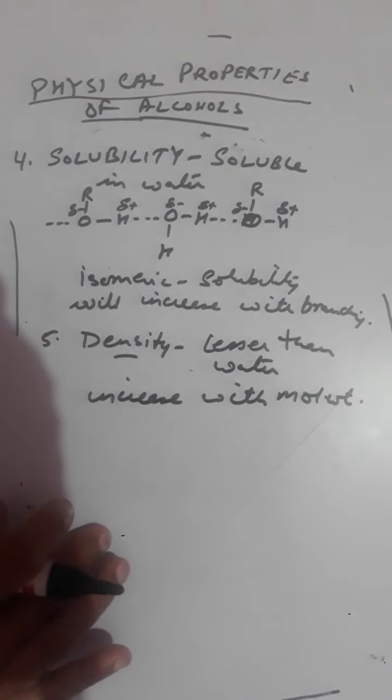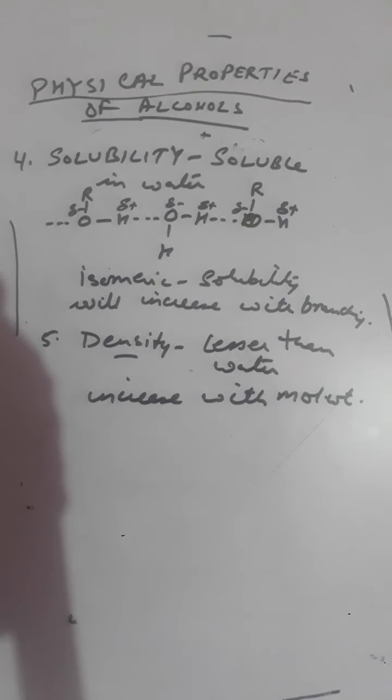Now we have discussed the physical properties of alcohols, in which we have discussed that alcohols have the polar nature and they have the bent structure, and because of this bent structure and the polar nature, they have the physical and chemical properties strongly affected, and in which we have discussed the existence of the alcohol molecules as the associated molecules because of the extensive intermolecular H bonding.